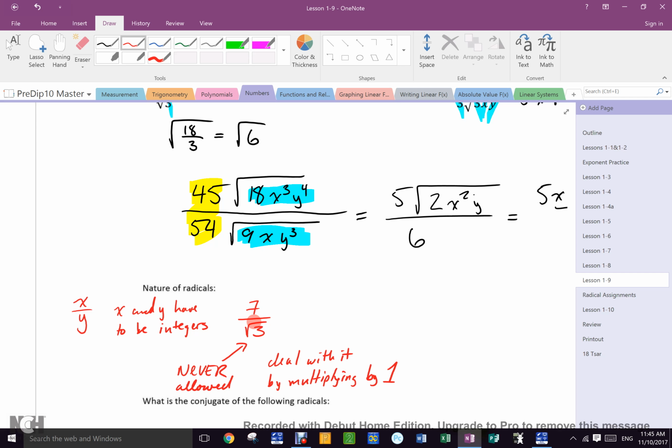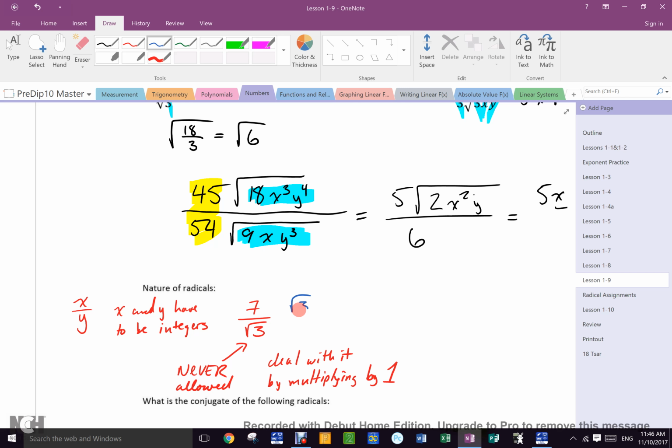But if I multiply it by 1 over 1, does anything change? No, I'd have 7 over root 3. It doesn't help. But if I multiply it by root 3 over root 3, what do I get? That's 1. So the value doesn't change, does it?